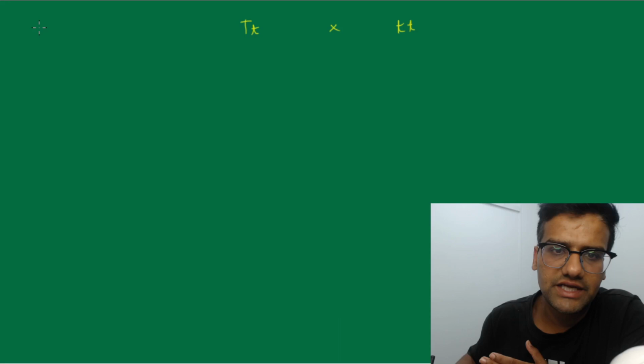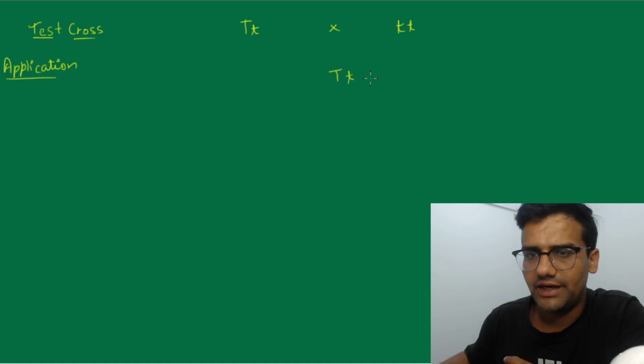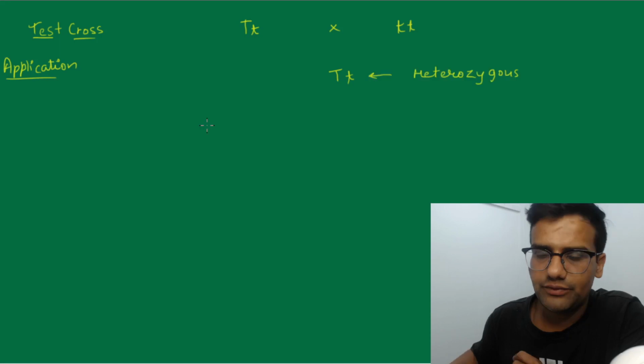Now the application of the test cross. Let us say there is a tall plant, capital T small t. This particular plant is heterozygous tall.